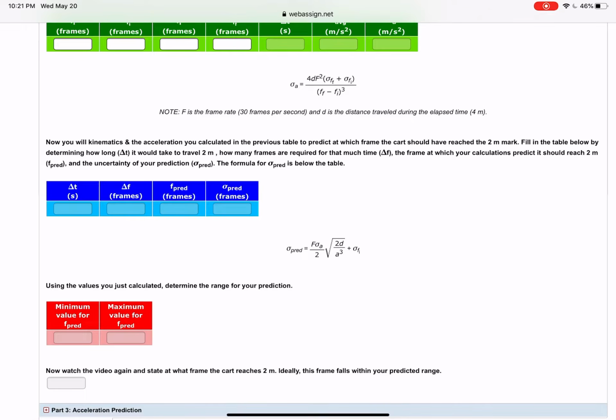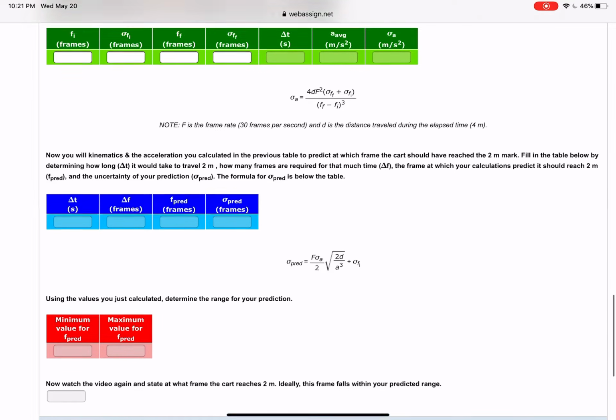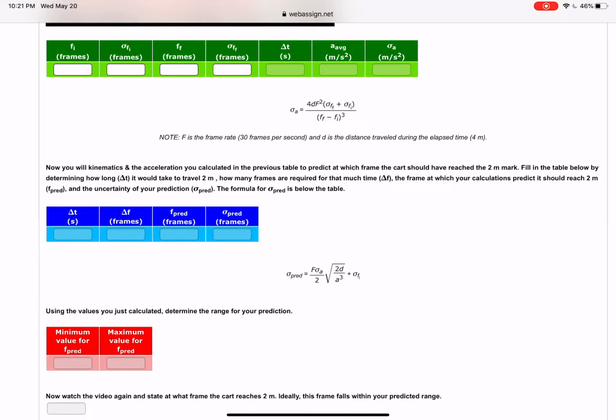And then once you know how many frames it takes to go 2 meters, you know, back in the green table here, the initial frame at which he started moving, so you can predict at what frame he should get to 2 meters. And we calculate the uncertainty in that prediction using the formula below the table.